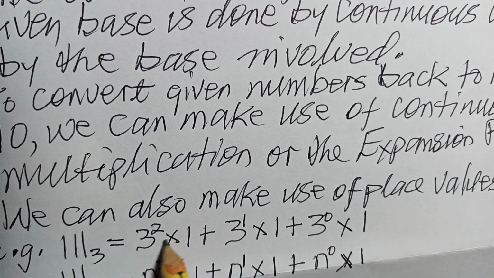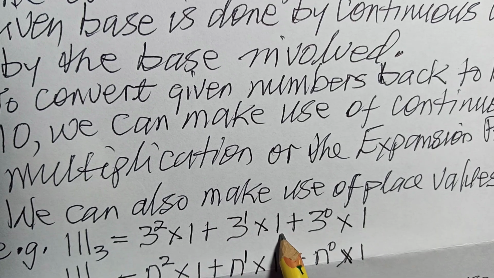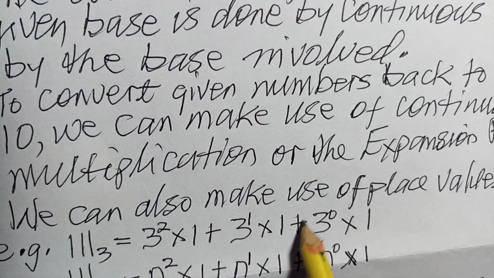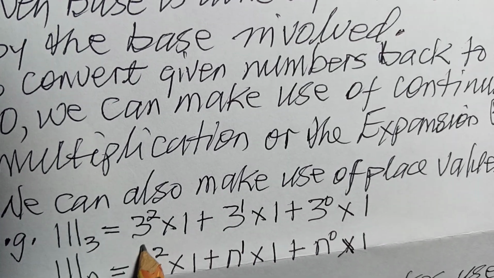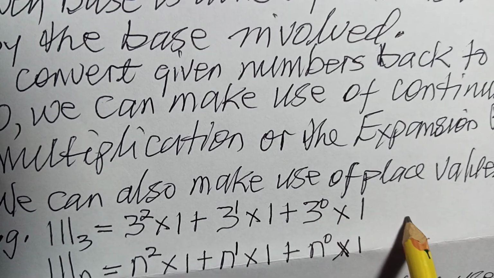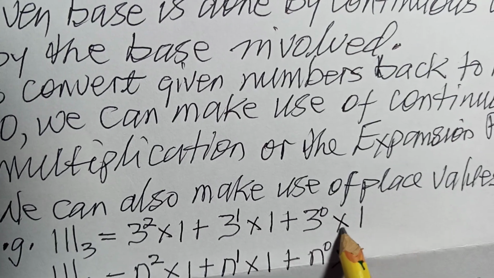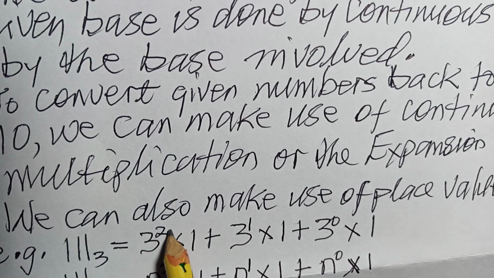It says 3 times, you leave it, plus 3 times, you leave this place blank, plus 3 times, you leave this blank. Then you start from your rightmost place. You will now start adding 0, add 1, and you add 2.